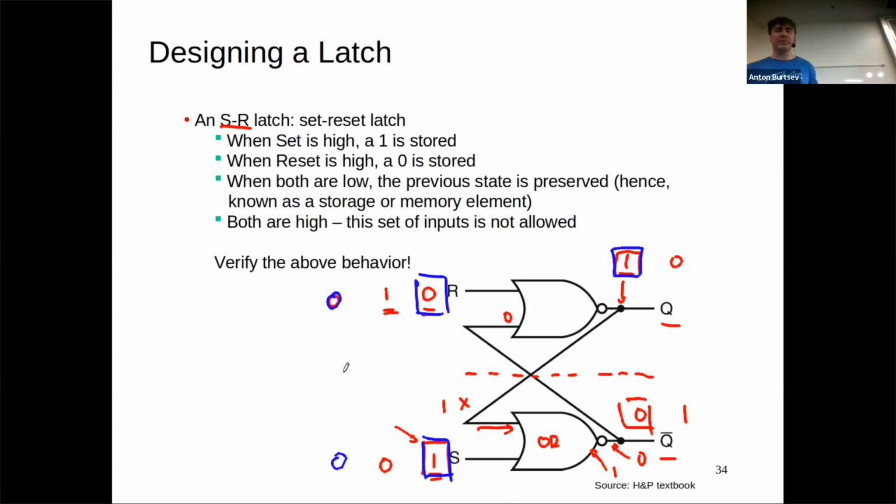If we switch to 0 and 0, what happens to this circuit? Who can help me? It stays the same. Do we see this?